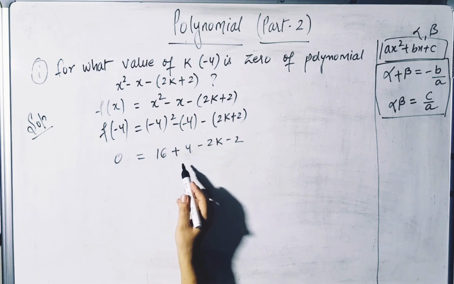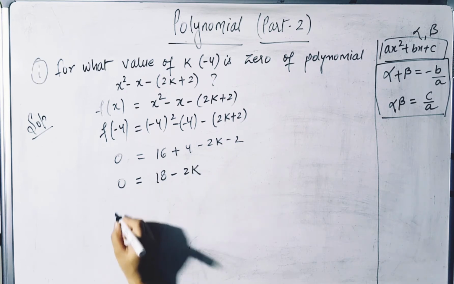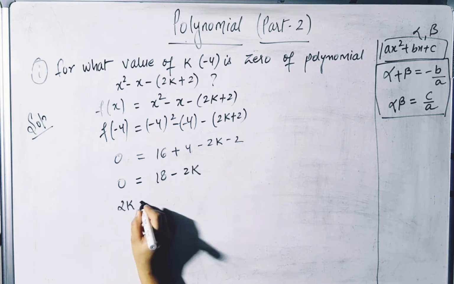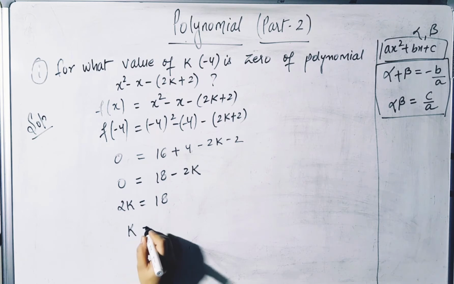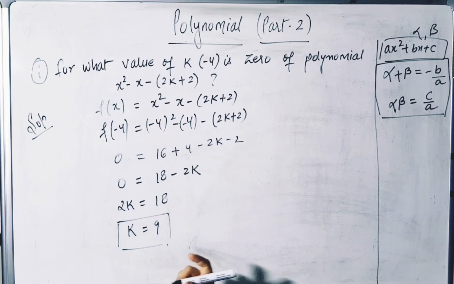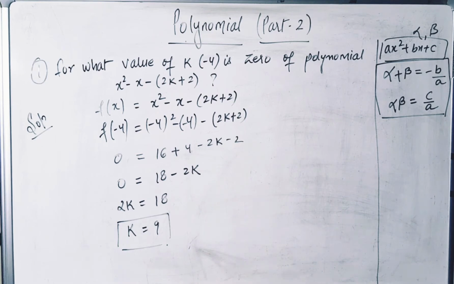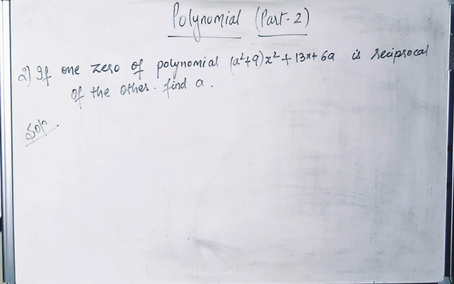So 16 plus 4 will get 20, and 20 minus 2 will get 18 minus 2k equals 0. Thus 2k is equal to 18, so k is equal to 9. This is a very simple question in which one zero of a polynomial was given and we have to find the unknown value. Similarly, we'll see other questions also.